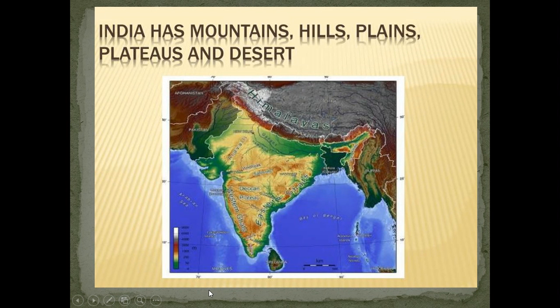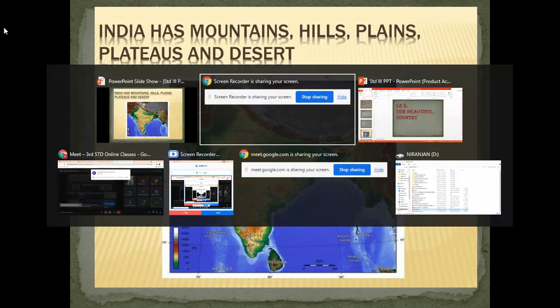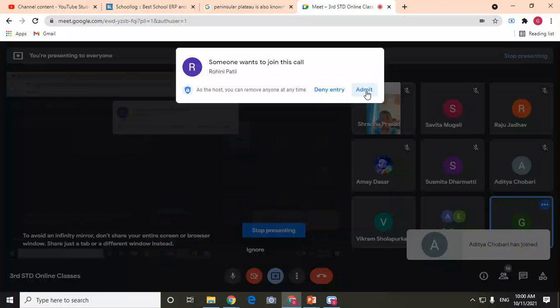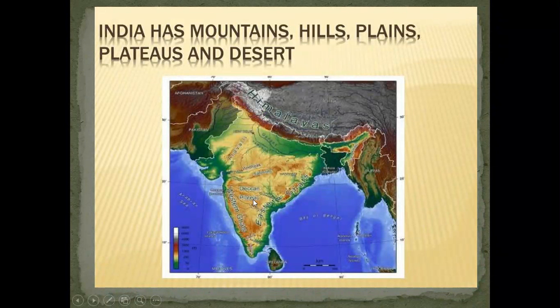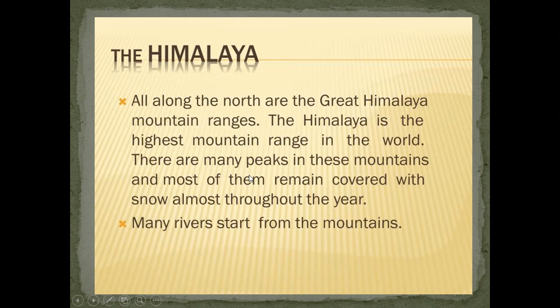And here Deccan Plateau, Eastern Ghats, here Western Ghats. You can see here in this map, here Himalayas. These are the different landforms of India. First we take the Himalaya.